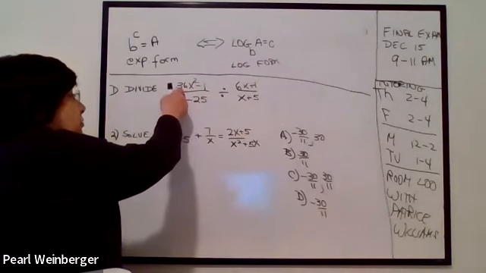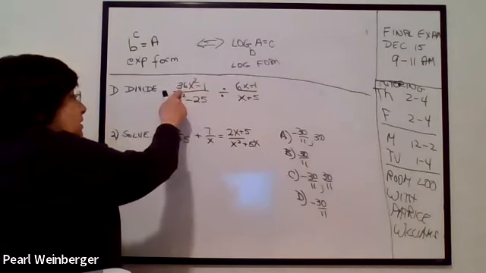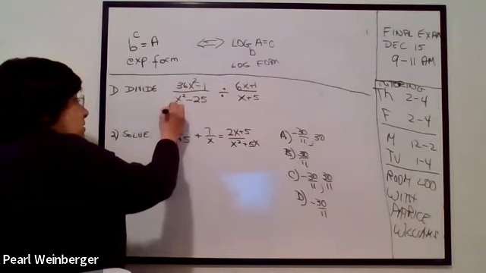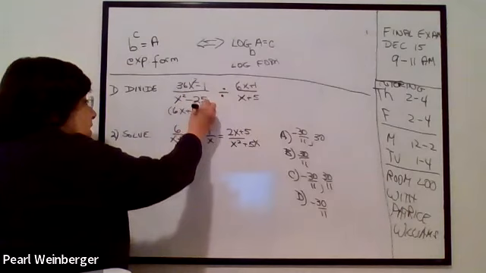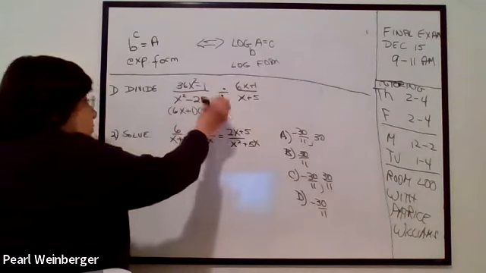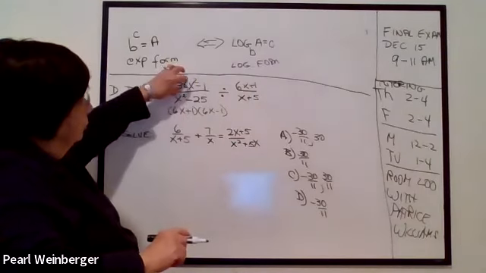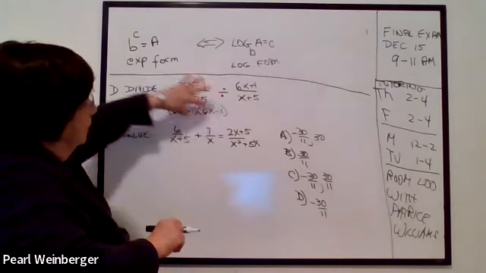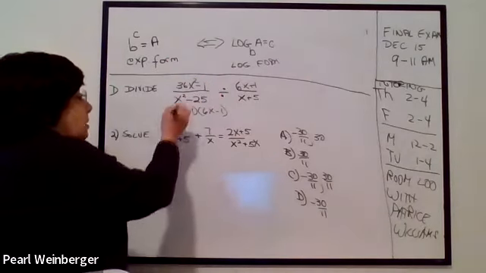Looking at the 36x squared minus 1, if we want to factor that, we see it's what we call the difference of squares. It's 6x plus 1 times 6x minus 1. Remember, when you're factoring binomials, look if your first term is a perfect square and your second term, so that you can divide it into two binomials.